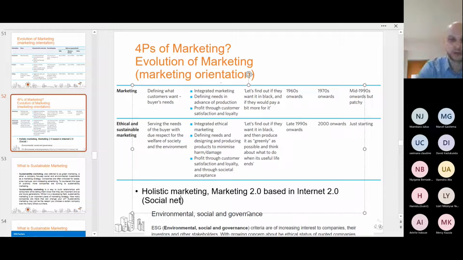So what is special in social networks? Social networks allow users to create content. Initially, in Internet 1.0, the web designer, the website owner, was responsible for creating the content.